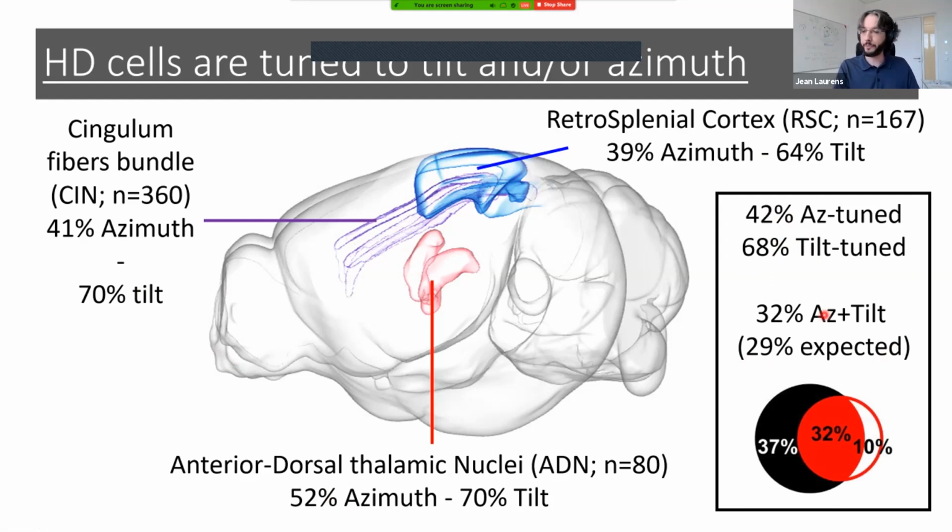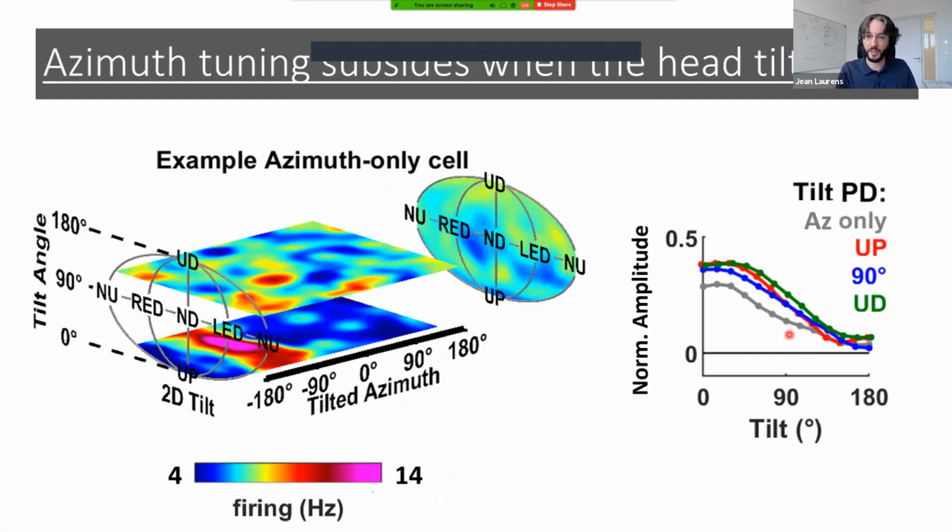So these are the population responses, and now I will show some more detail about the response of this type of cell. The first thing that we found is that azimuth tuning had a tendency to decrease when you tilted the animal.